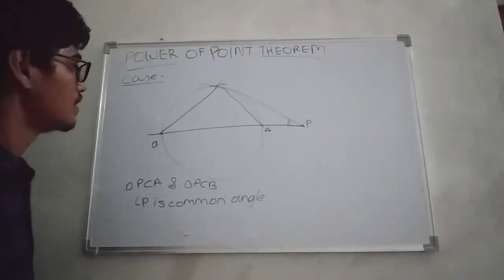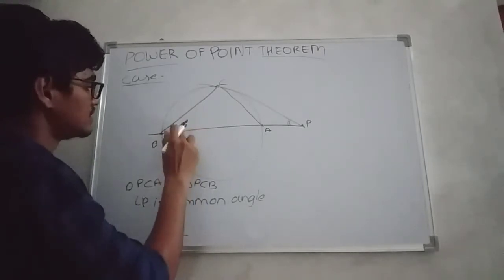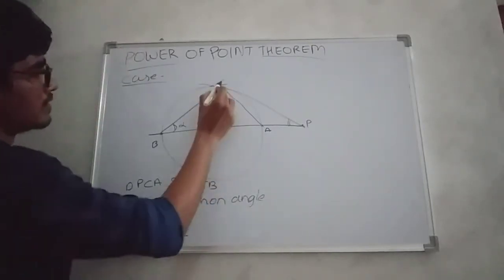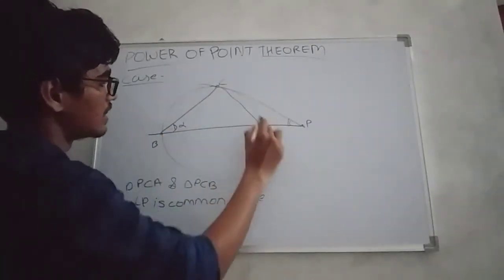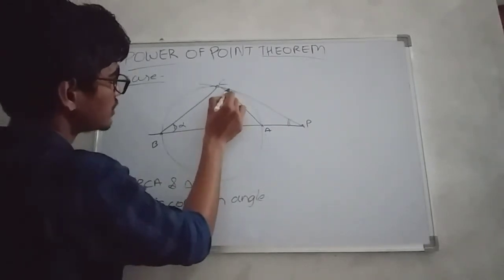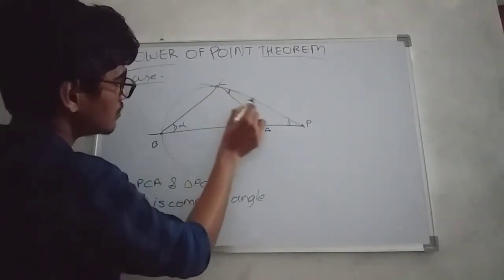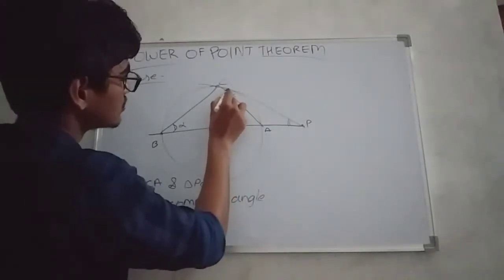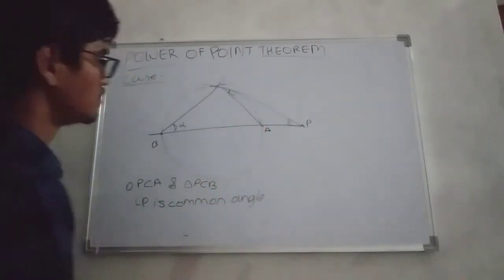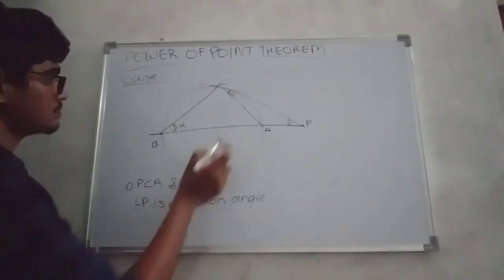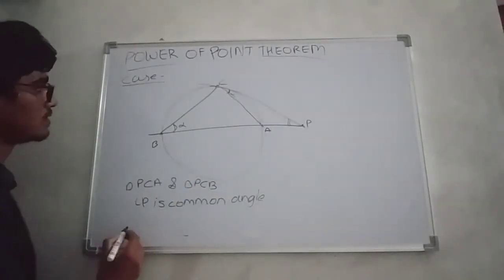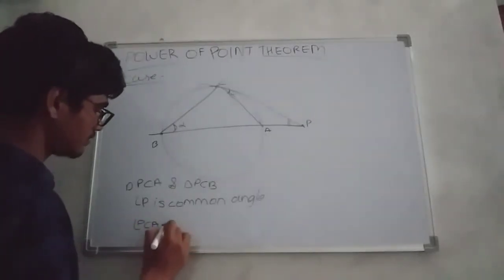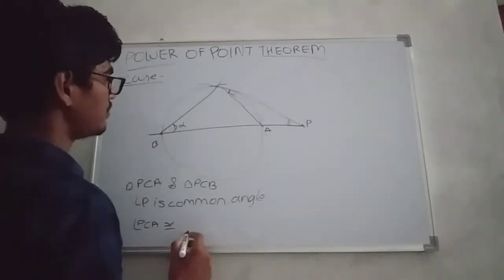Consider this angle as alpha, which cuts the arc CA. This angle too cuts the same arc, so angle PCA is equal to angle PBC.